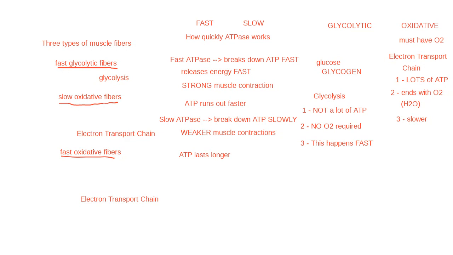What that means for me then is really strong contractions. If I have a slow ATPase, I'm going to have weaker contractions, but I can do them for a longer time. So longer lasting contractions.